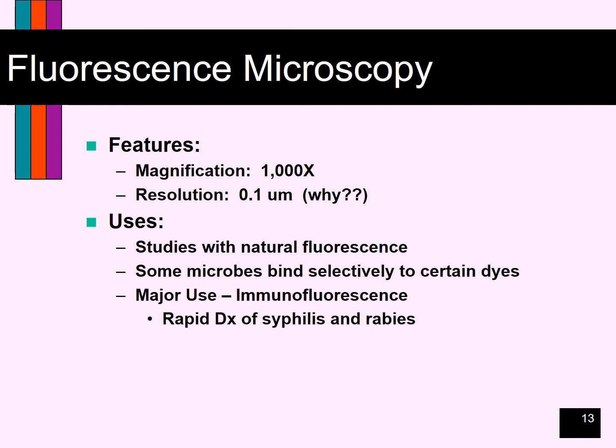And so now if somebody is suspected of having syphilis, the sample from that patient could be put on a slide, and if the antibodies, which are highly specific, attach to that organism, and you look under the UV light microscope and you see a fluorescent spirochete, then that would be a positive diagnosis of syphilis.